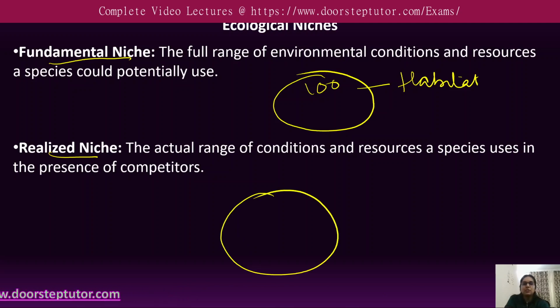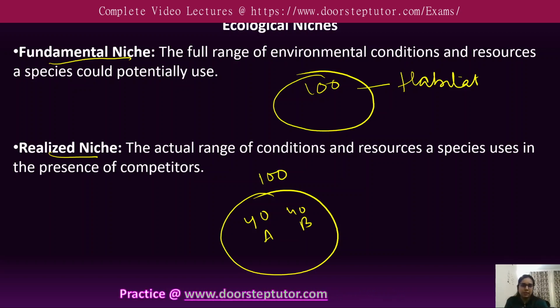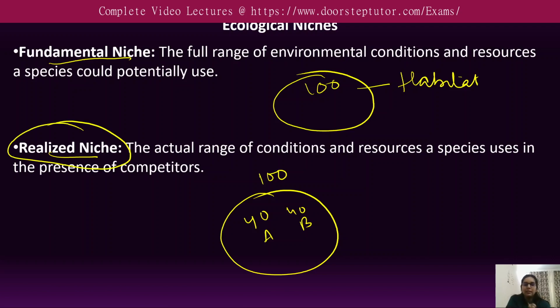Suppose there are 40 species of different animals and 40 species of other different species, and all these species are coexisting in a particular community, so there must be some competition between them. So the actual range of conditions and resources the particular species uses in the presence of competitors is called the realized niche. This is the main difference between the fundamental and the realized niche.